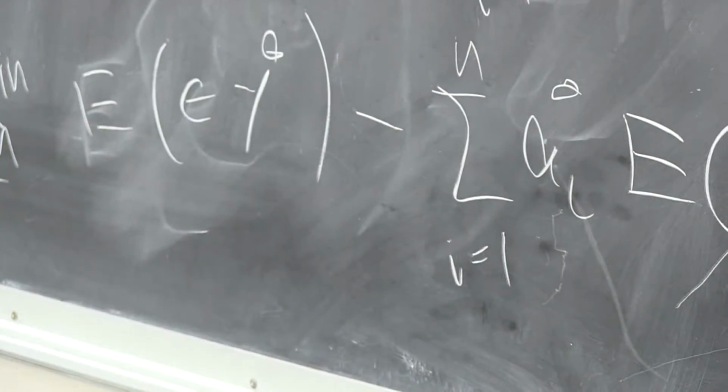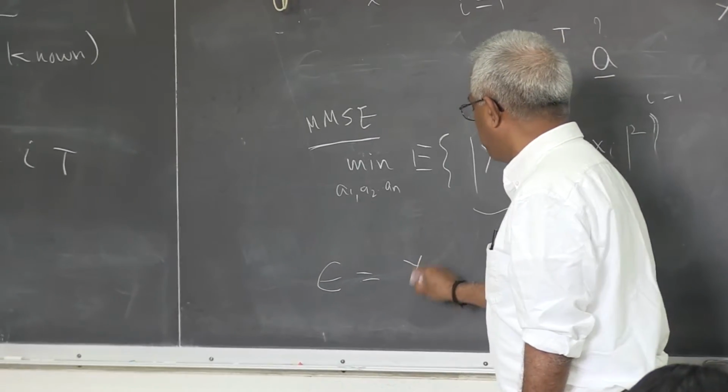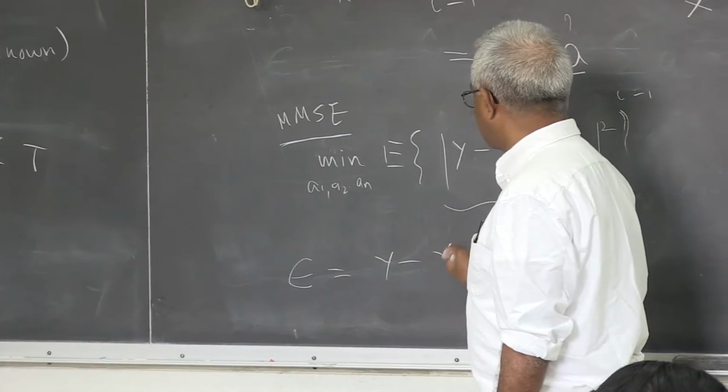So this is expected value of, let me substitute for epsilon. Epsilon is x star. Look at here. So your epsilon is y minus y hat.